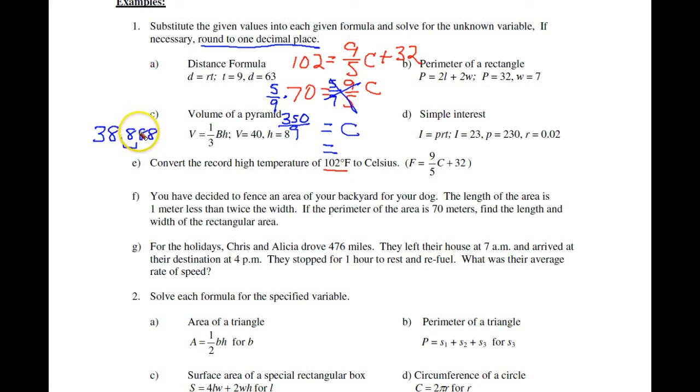If it's 5 or more, we add 1 here. If it's 4 or less, we drop it. So we are going to add 1 there, and we're going to get Celsius equals 38.9. Okay, and that is that example. We're going to go on to letter F in a moment.